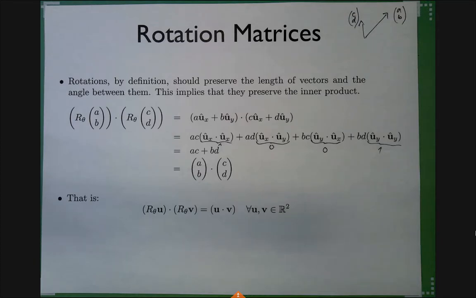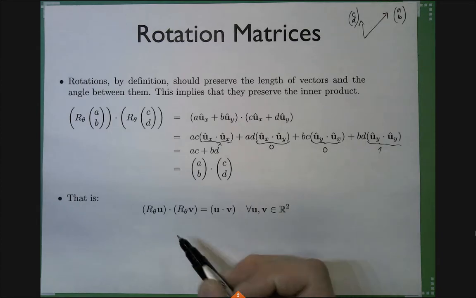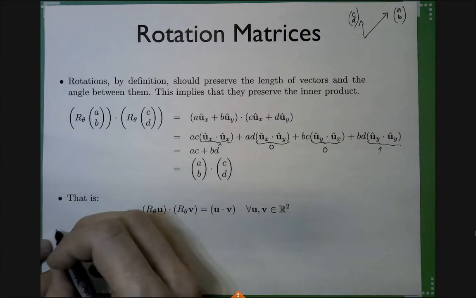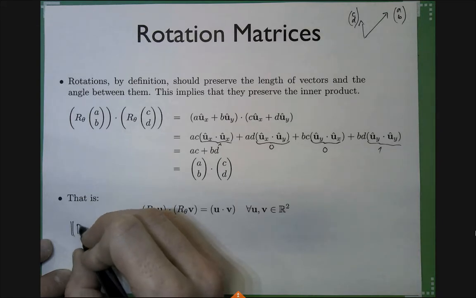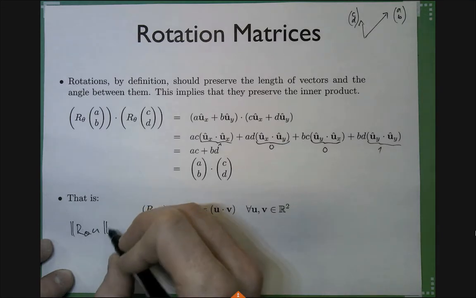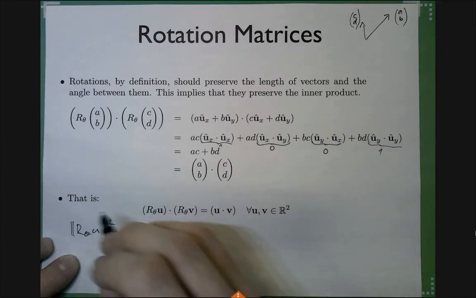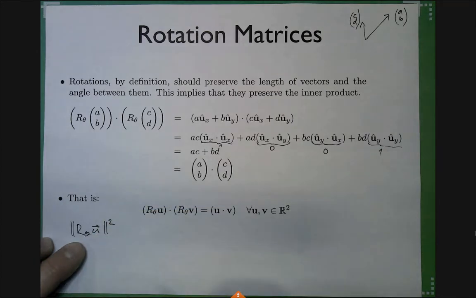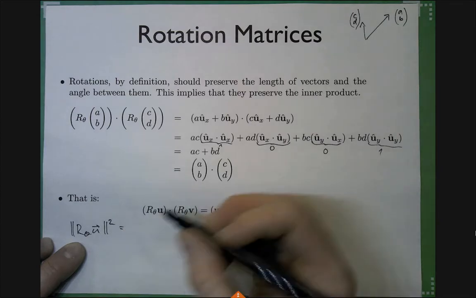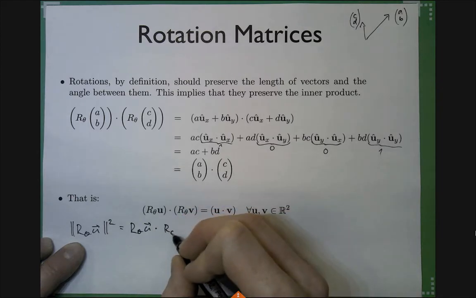Of course, if it doesn't change the inner product, it means that it doesn't change the length either, right? Because how is the norm defined? Norm is just the inner product applied to itself, right? So let's take a look at the length of vector u after rotating it by angle theta, and let's make it squared. The squared length of vector u after rotating it by angle theta by applying the matrix R theta is nothing but R theta u dot product R theta u, right?